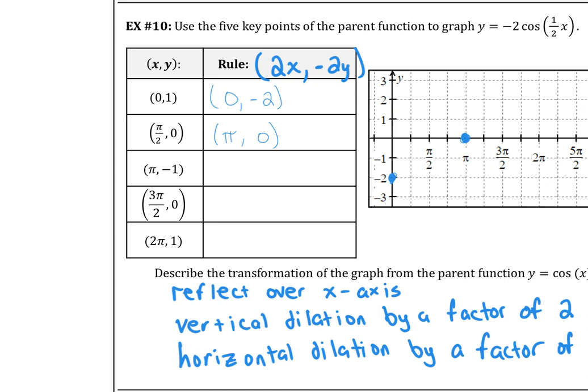Go back to your points. If I do 2 times pi, I get 2 pi. And if I do negative 2 times negative 1, I get positive 2. So now at 2 pi, I'm up here at 2. And then from there, if I do 3 pi over 2 times 2, I get 3 pi. And then if I do 0 times negative 2, I get 0.